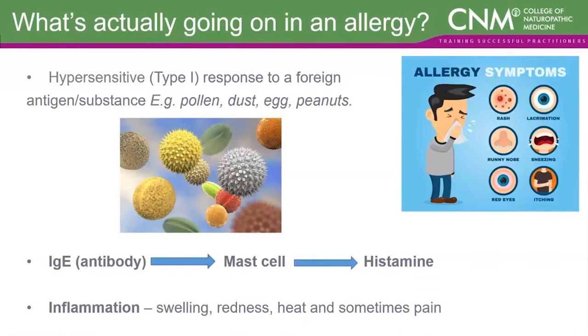And so the histamine is causing this increased blood flow to the area. As we increase blood flow, we have swelling of the tissues in the area. We have redness, we have heat, and sometimes the swelling can be so excessive as to cause significant and persistent pain. Some of you who've had allergies can appreciate some of these processes occurring in the body.